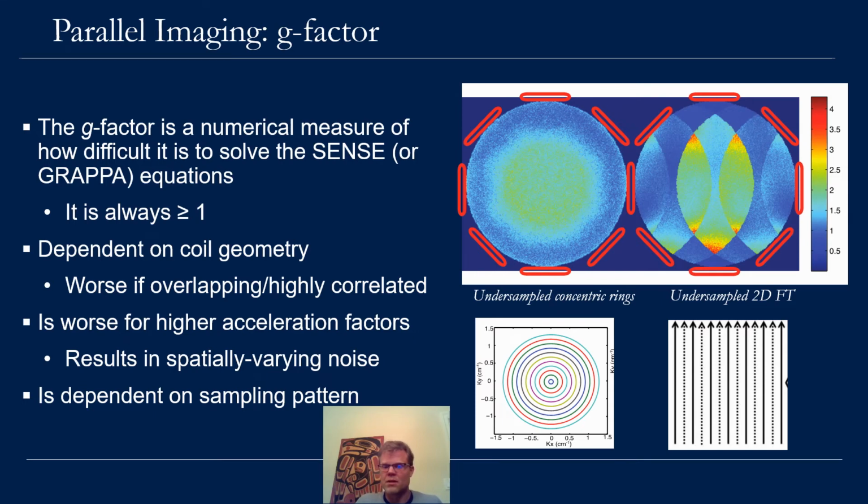Whereas this concentric rings trajectory, which is basically sampling k-space on these circles, is going to have a much more favorable G factor penalty. The basic intuition is that the sampling pattern is matched to the RF coil layout in this case.